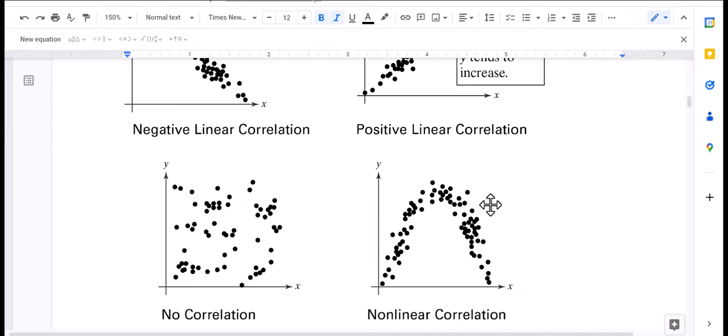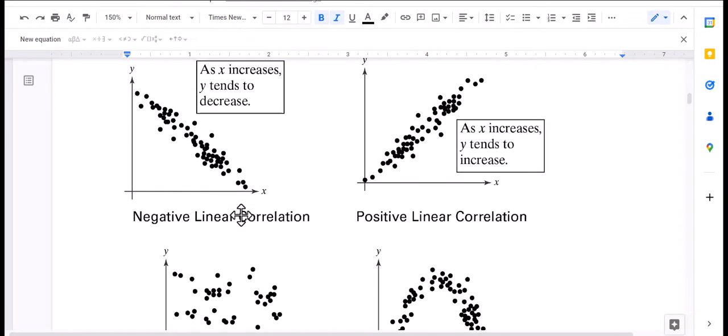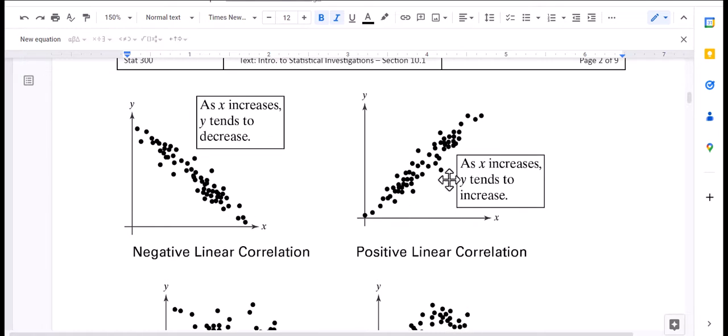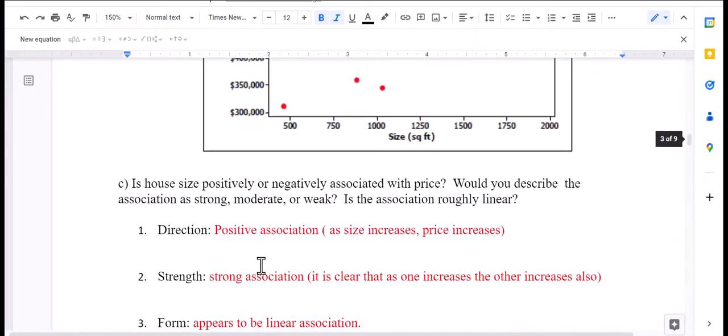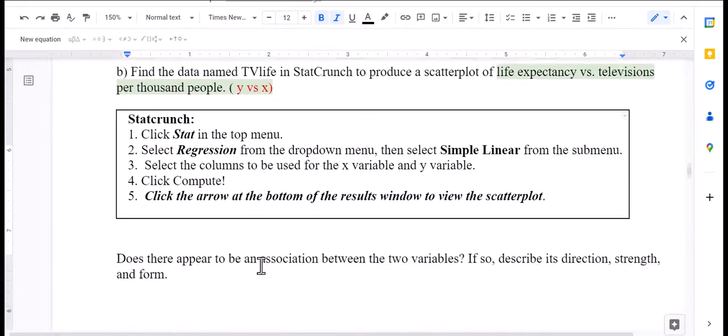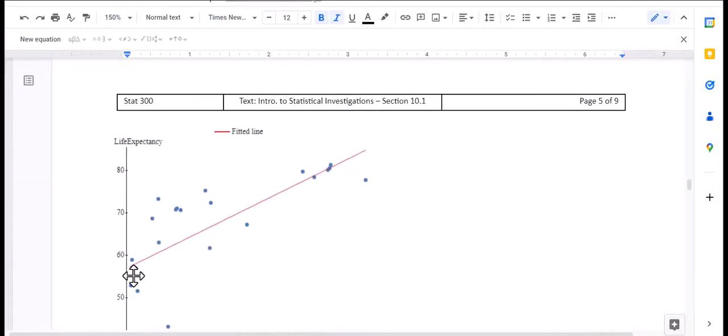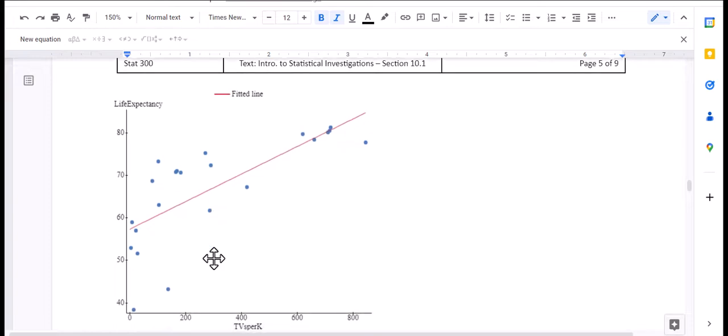And then nonlinear has a different kind of shape. And this is a very strong, super strong linear correlation, but we definitely don't have this, right? We do have some correlation. We can say it's somewhat linear. So we'll just say it is linear.